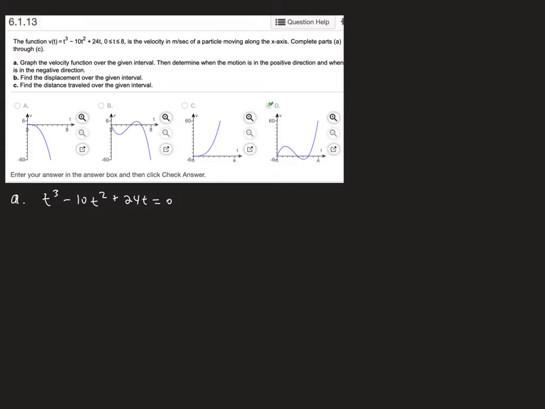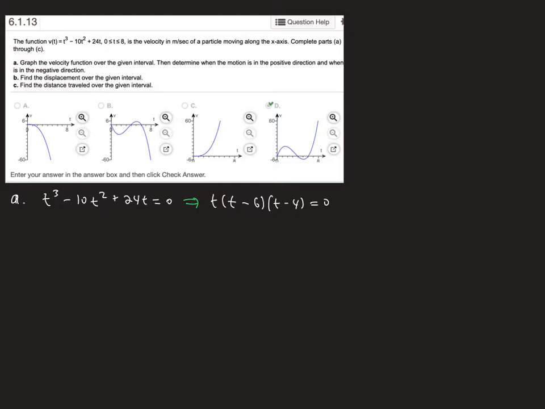So finding out where the velocity is 0 is going to tell you the potential places where the velocity might be changing from positive to negative or negative to positive. Anyway, so we solve this polynomial. This factors. You could put it in a computer or whatever, but it does factor. So this is t times t minus 6 times t minus 4.